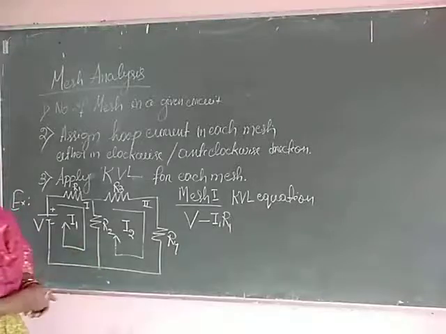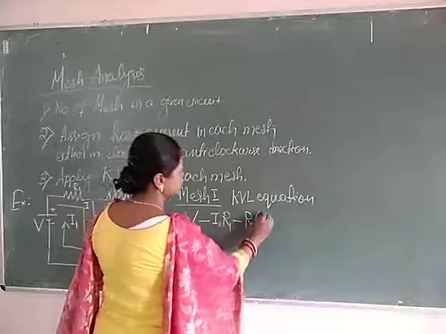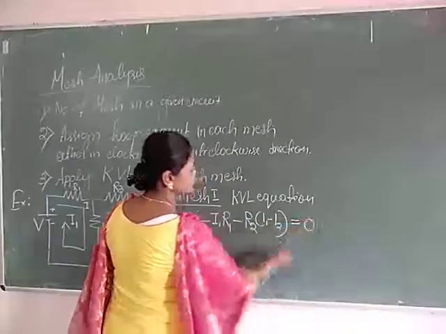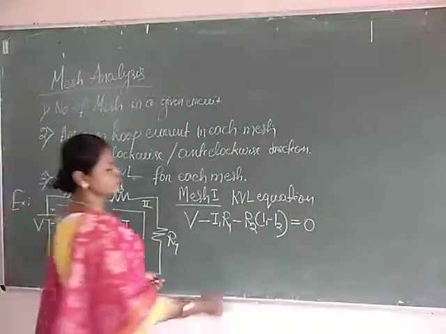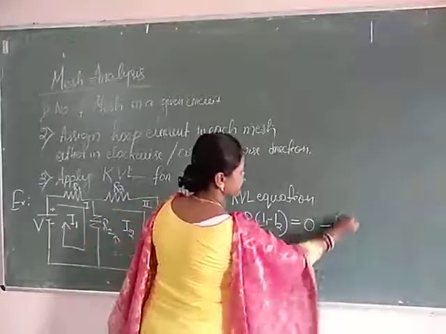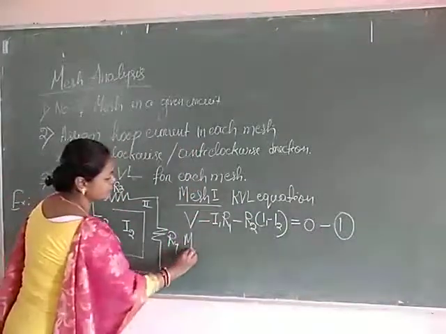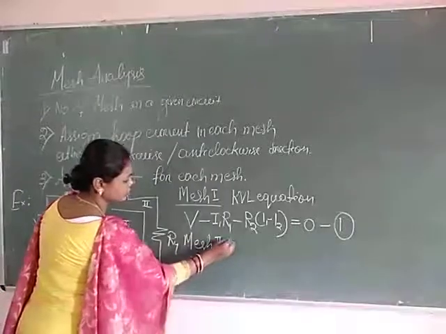So I write here the potential difference across R2 as I1 minus I2, and the sum is equal to 0. You take it as equation number 1. Then you write the KVL equation for mesh 2.